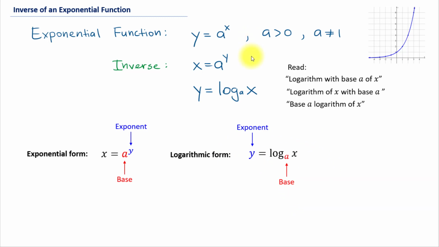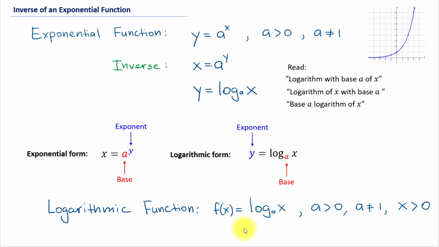And since the inverse of any function is also a function, here we're looking at what's called the logarithmic function. Here it is, the logarithmic function. And notice that all the restrictions that we had for base a in the exponential function are still true for the logarithmic function. The base is positive and never equal to 1. However, we have one additional restriction here. It says that x should always be greater than 0.